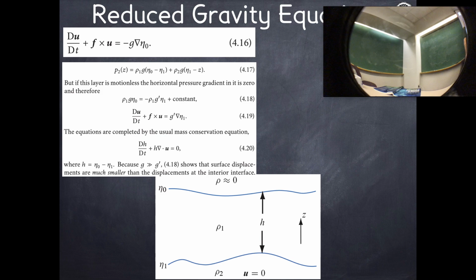But what it means is that, if this one's proportional to this one, I can write du dt plus f cross u equals minus g eta top, or plus g, dx, the horizontal gradient of eta bottom.